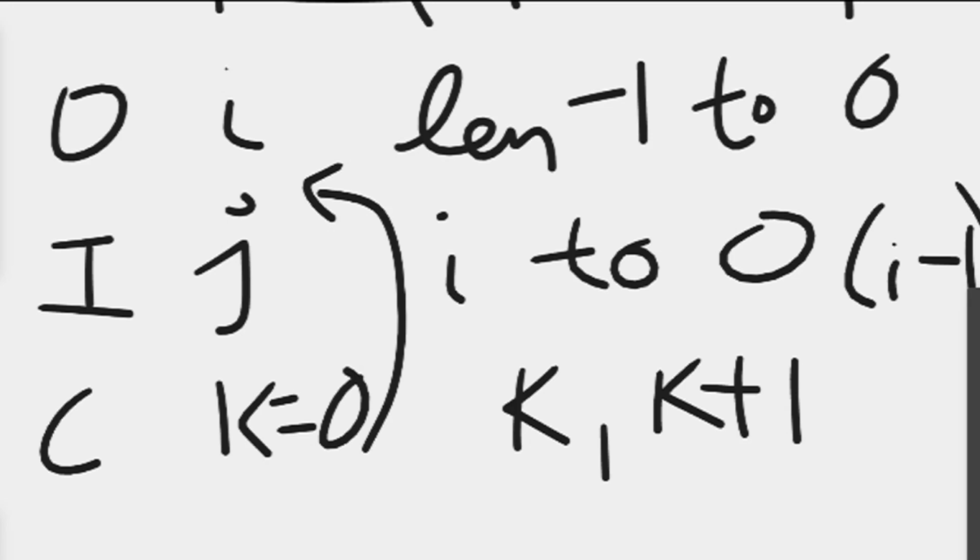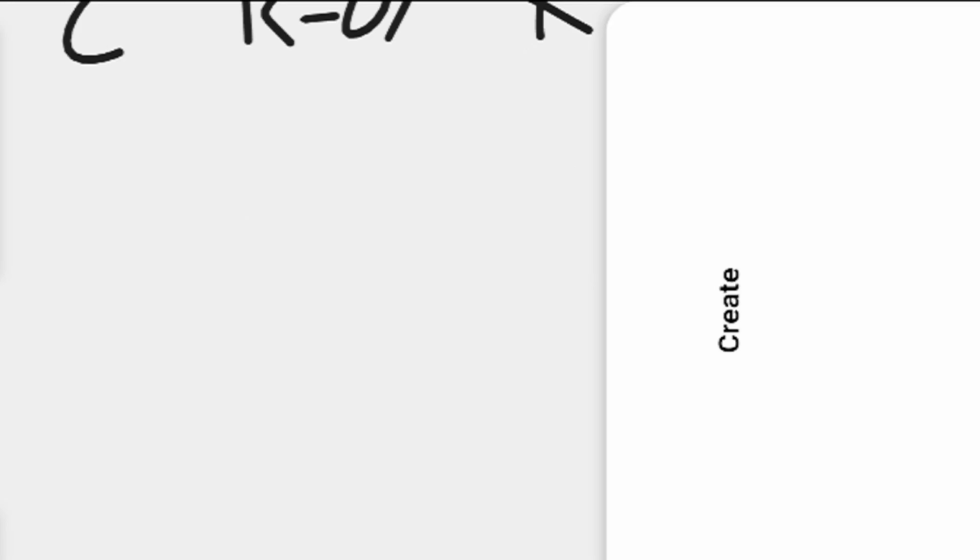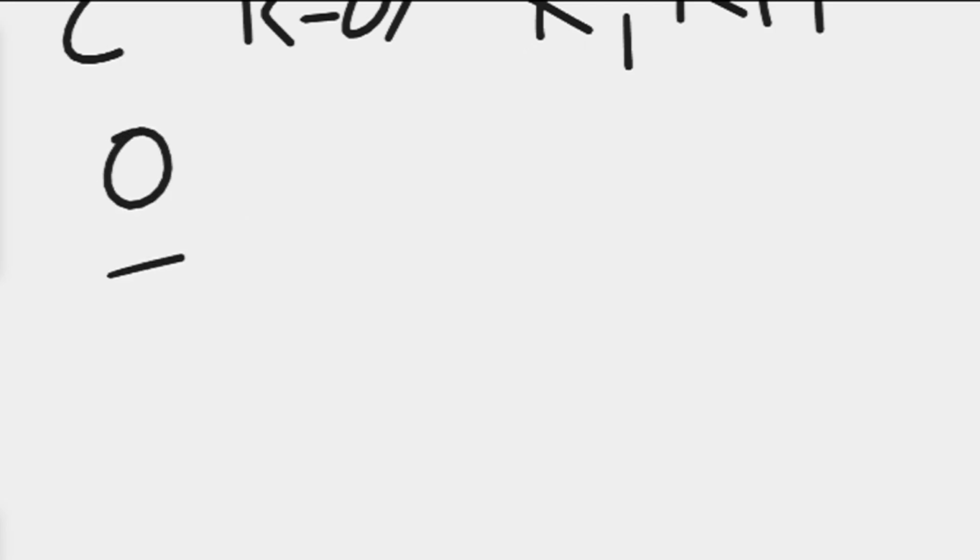Now one basic thing you must understand is we have various registers in 8086. So which register to use for which variable? For the outer loop, inner loop, and for indexing, that is k.